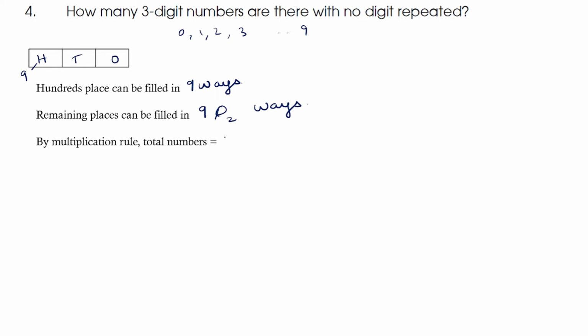So by multiplication rule, the total number of these 3-digit numbers where no digits are repeated is 9 into 9P2.